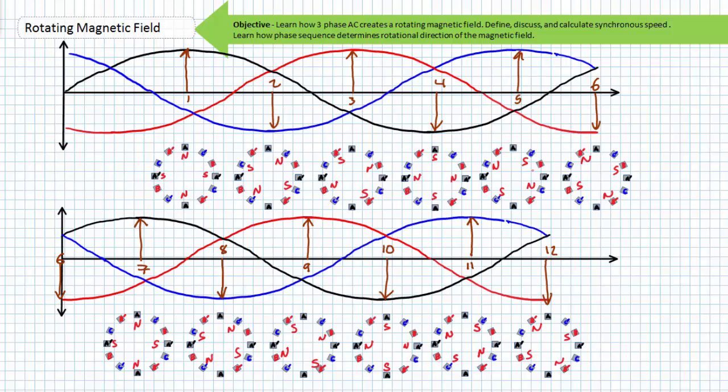If both C windings receive the blue L3 phase, during positive maximums of L3 at times T5 and T11, both C's will be north poles and both C primes will be south poles. During negative maximums of L3 at times T2 and T8, both C's will be south poles and both C primes will be north poles.